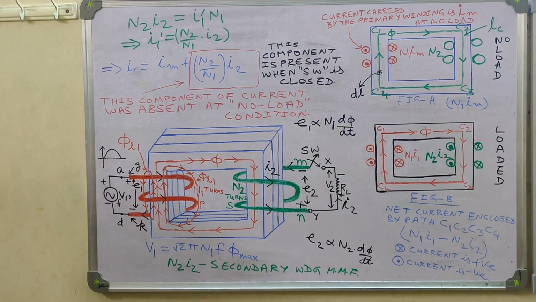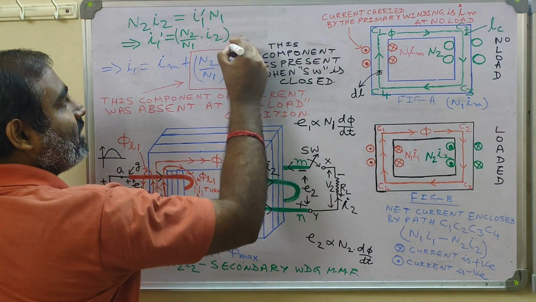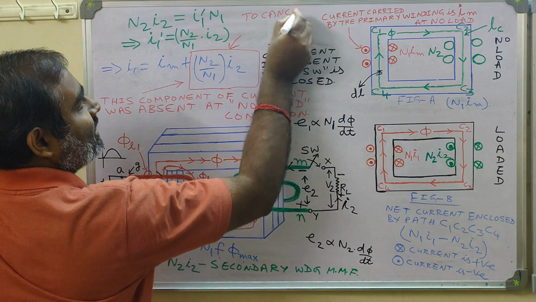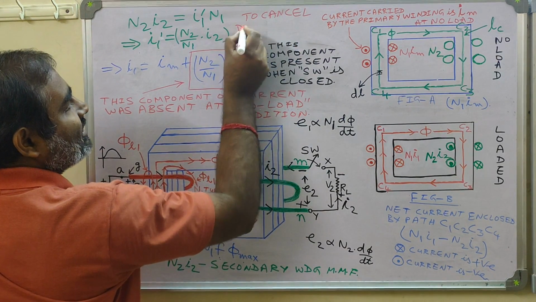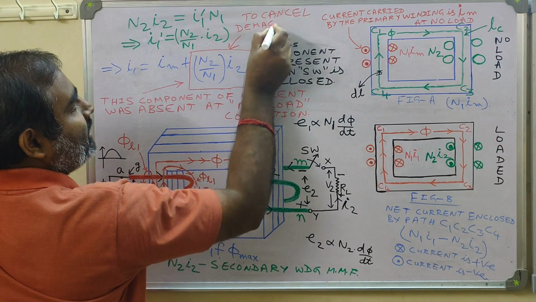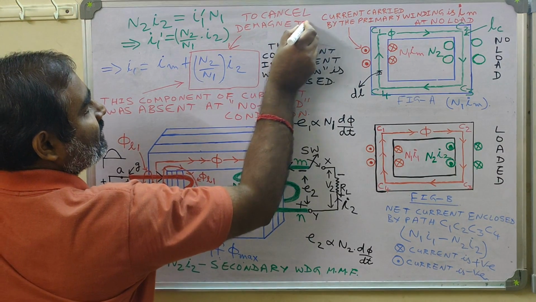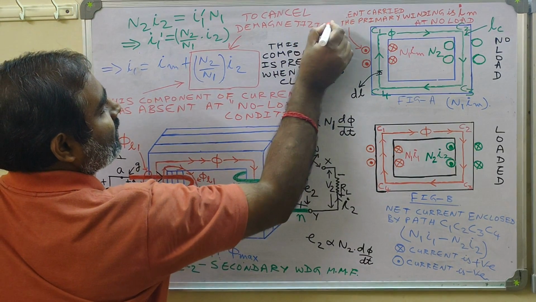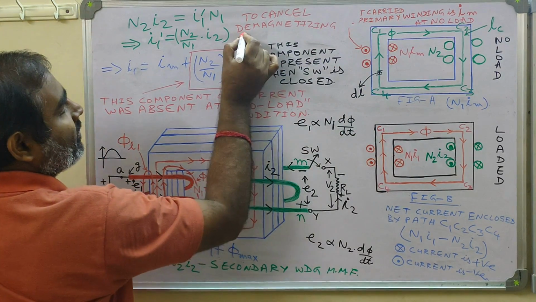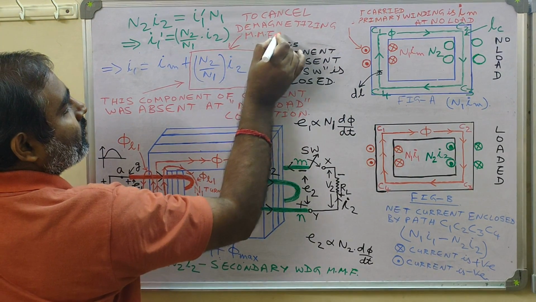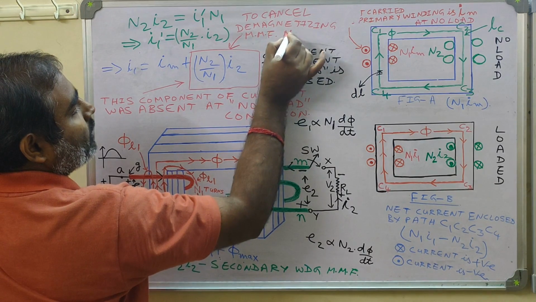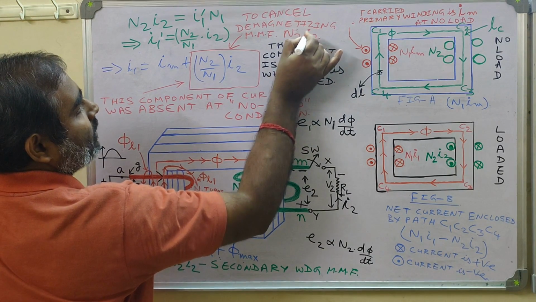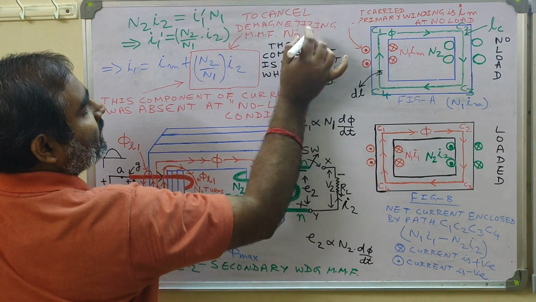So we can also write this for this component: this is there to cancel the demagnetizing MMF N2 I2. Let me write N2 I2 so that it is understood that I am talking about secondary winding MMF.